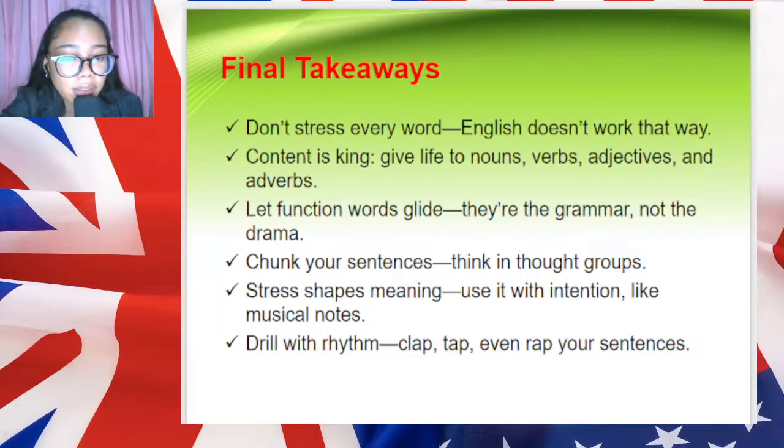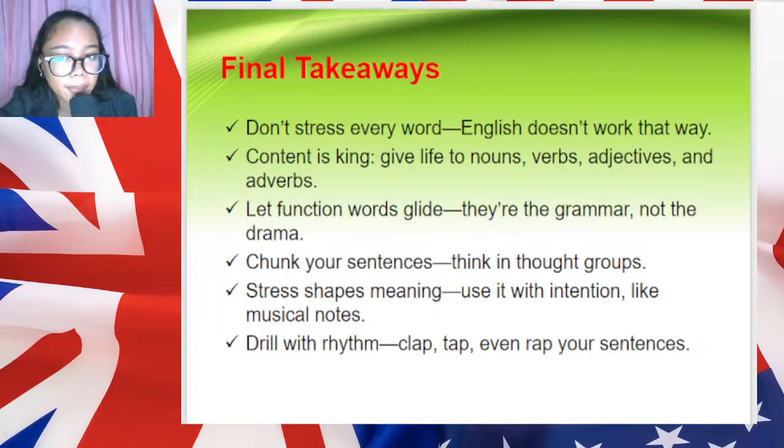Okay? This is arguably the most liberating and fundamental concept in English pronunciation. Because unlike some languages, which might give relatively equal weight to each syllable or word, English is a stress-timed language, right? We've already talked about that.